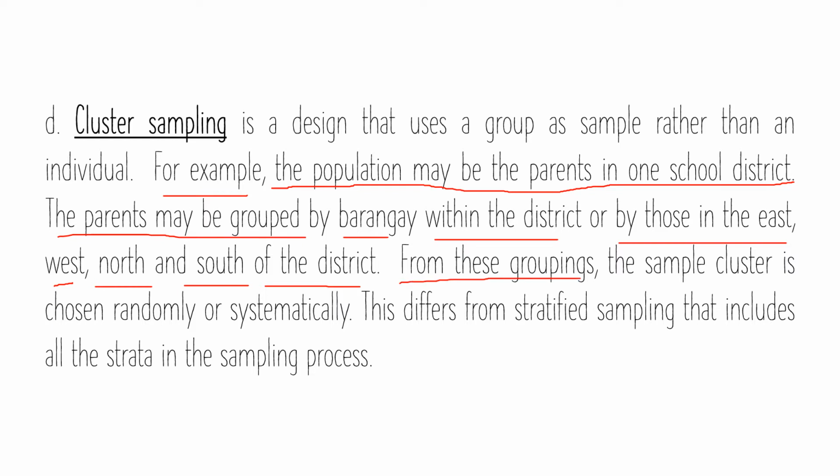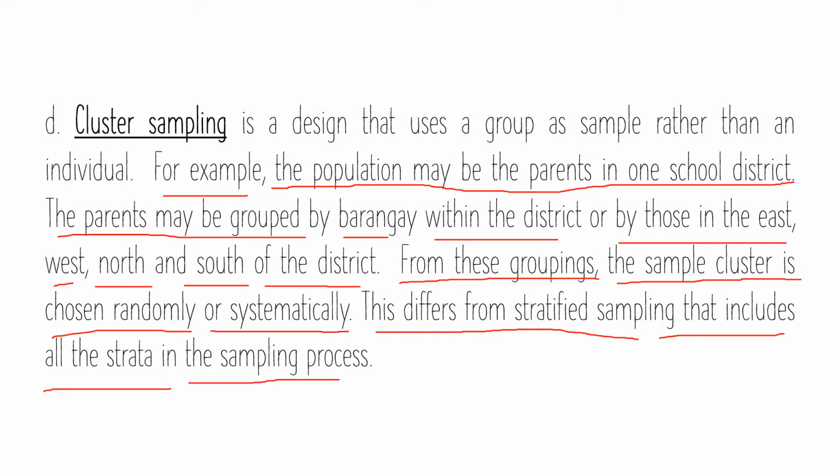From these groupings, the sample cluster is chosen randomly or systematically. This differs from stratified sampling that includes all the strata in the sampling process. So what is important about your cluster sampling is that it uses a group as a sample rather than an individual.